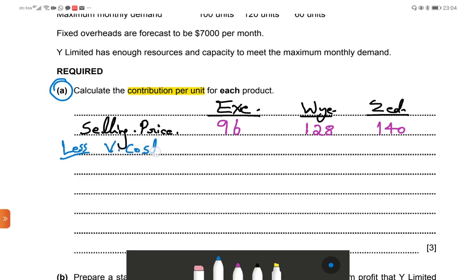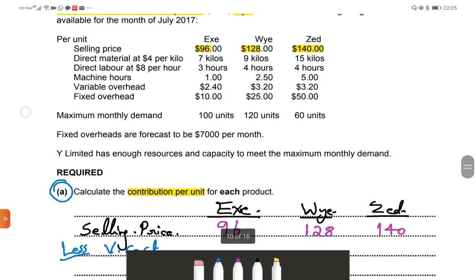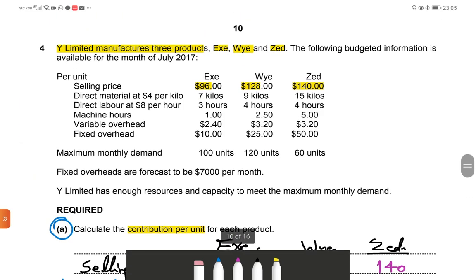Next, variable cost, selling price minus variable cost. Variable cost is equal to material plus labor and other variable overhead. Here, product X, direct material is 7 kilos and the price is 4. So, 4 into 7. Then direct labor 8 multiply 3.